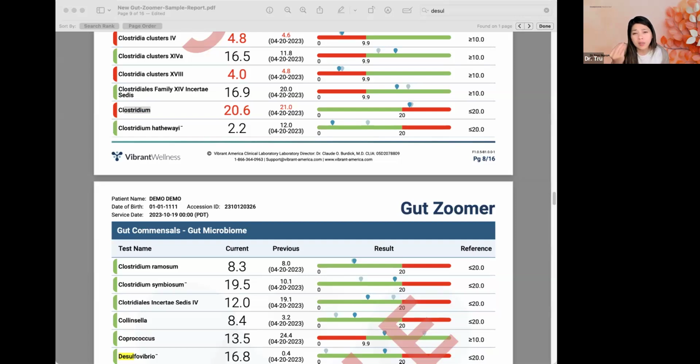So in a way, it gives you a little bit more data points than just measuring what's in a small sample of your stool sample. Okay, that's all I wanted to say about that. And I talked about Bacillus. Now let's talk about the Desulfovibrio. This is a gram-negative bacteria.